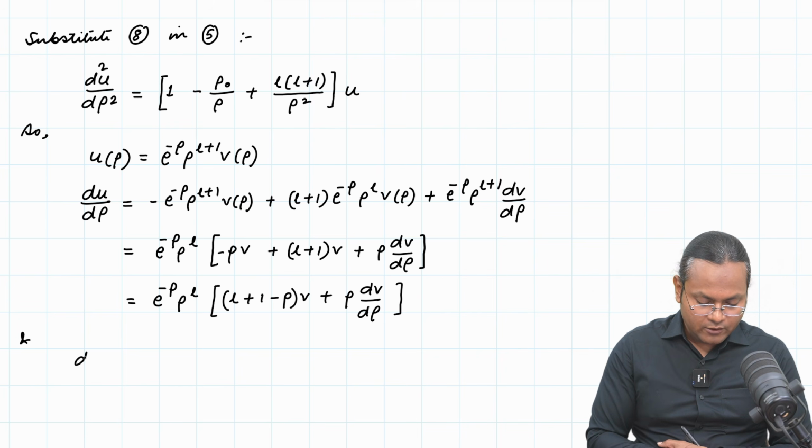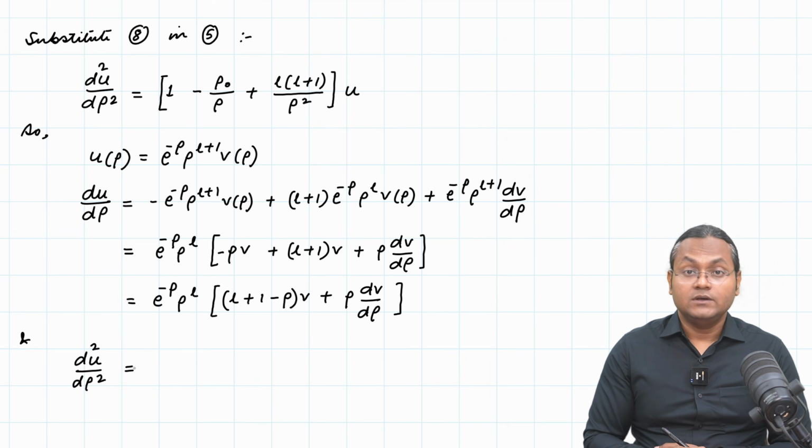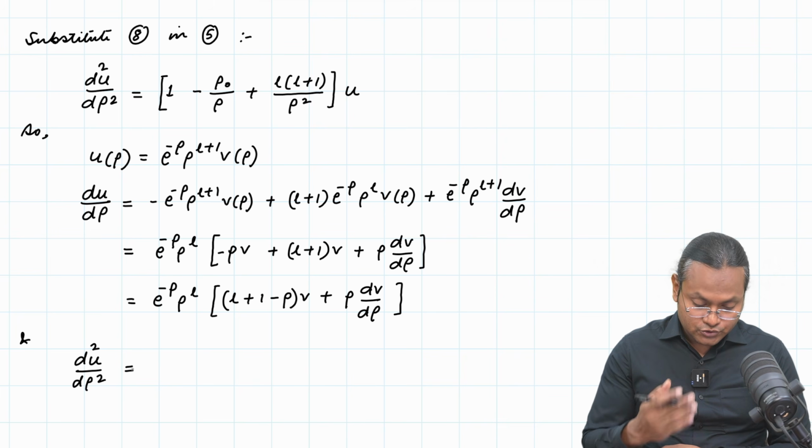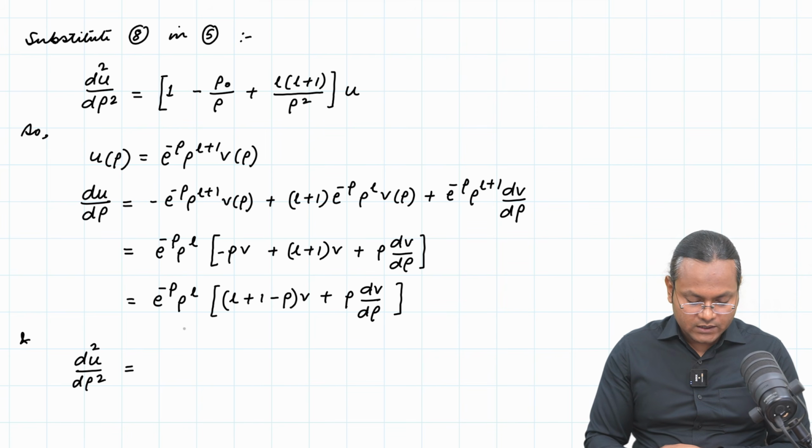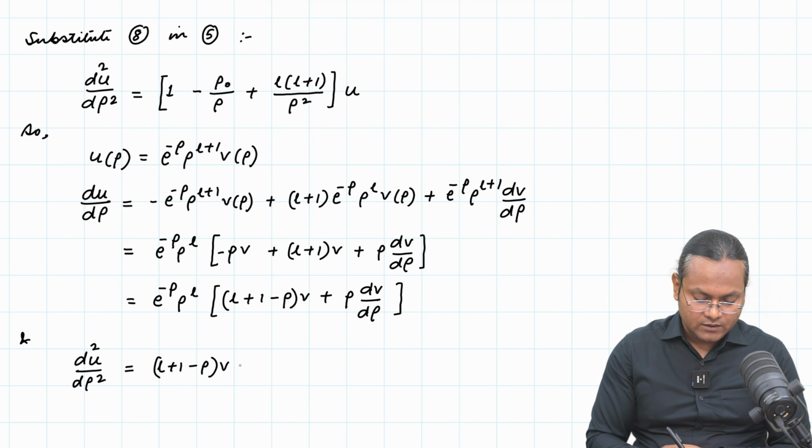To find the second order derivative, I know these are lengthy mathematical expressions, but they are the ones that we have to use to get to the final solution. So this will give us L plus 1 minus rho times V plus rho dv upon d rho, right?